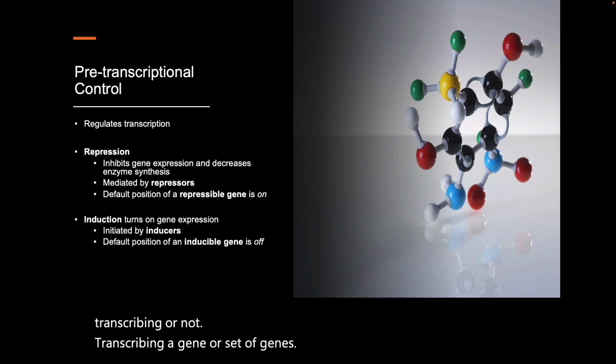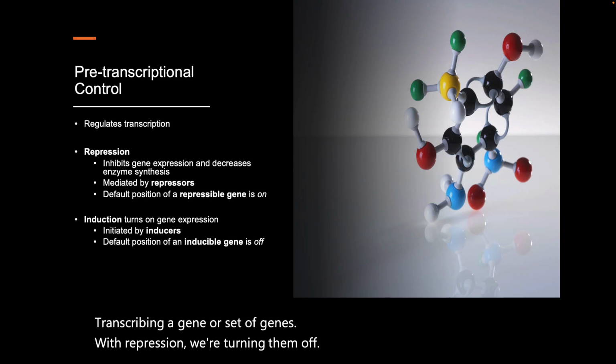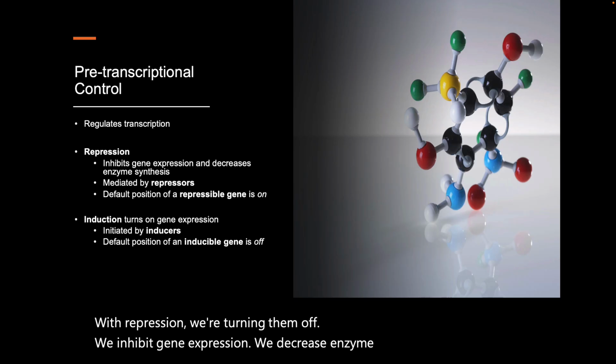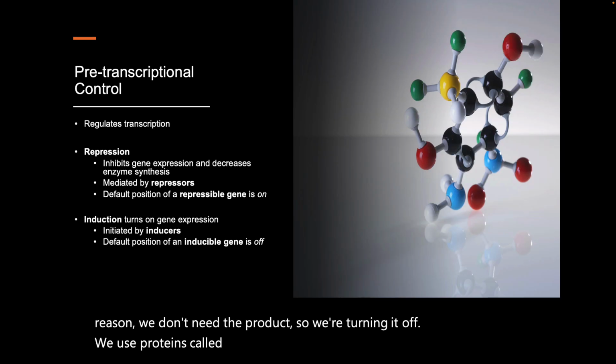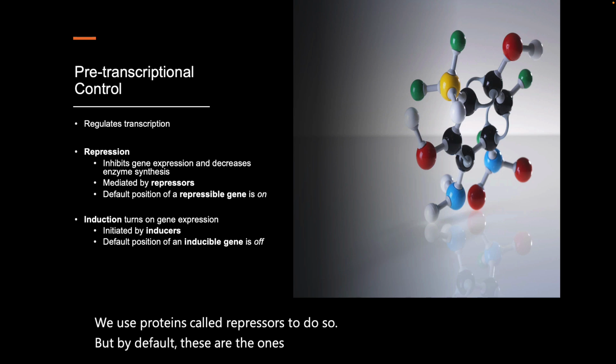With repression, we're turning them off. We inhibit gene expression, we decrease enzyme synthesis. For whatever reason, we don't need the product, so we're turning it off. We use proteins called repressors to do so. But by default, these are the ones that are almost always on.